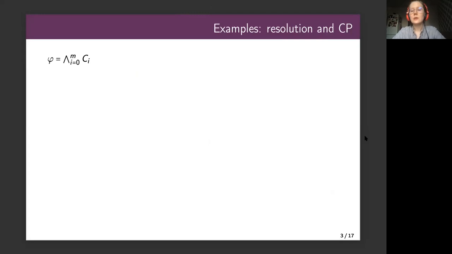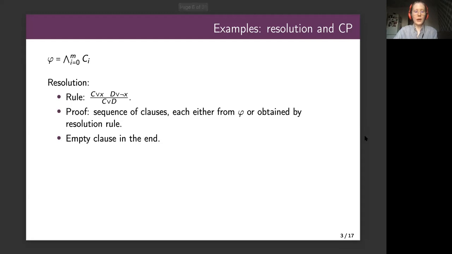So let's take a look at a few examples just to show you what a proof system could look like. Again, we have our formula phi in CNF, and here is our first example of a proof system. It's resolution. Here we have one rule.